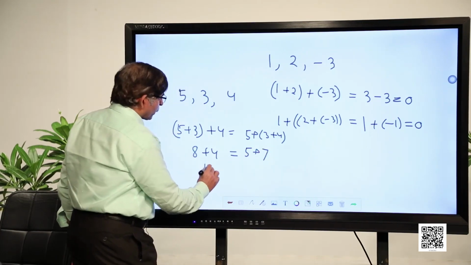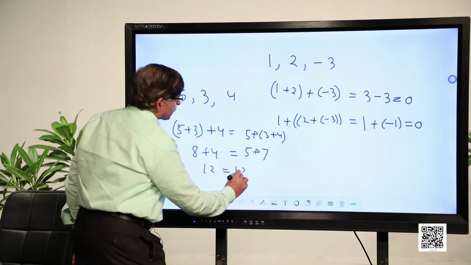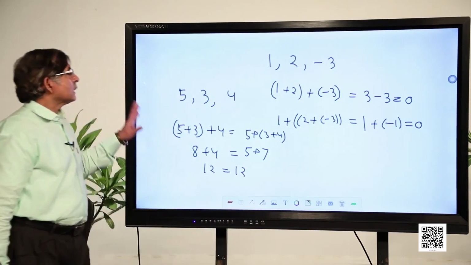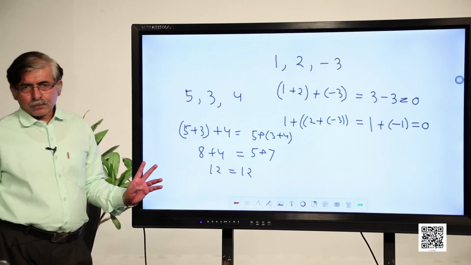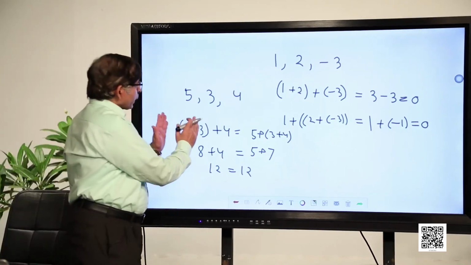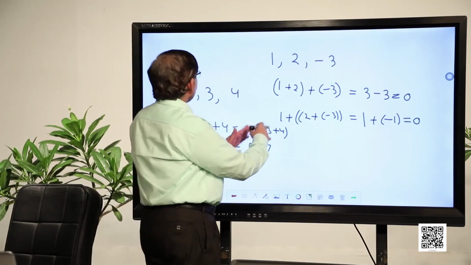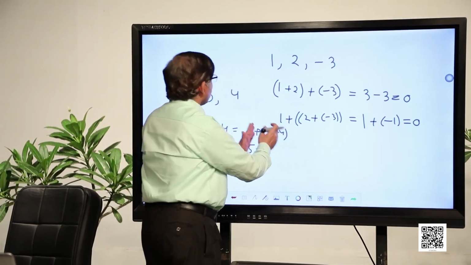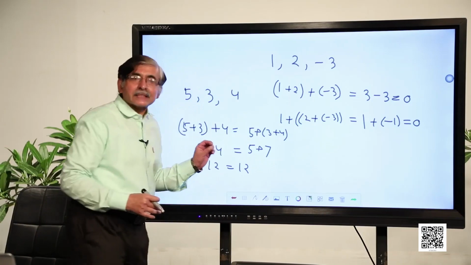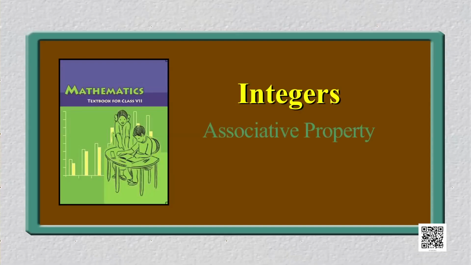So, here we get 12 and here also we get 12. So, we can take any three integers, add the first two and then the third, and again add the last two with the first, and we will get the same. This is called the associativity property, and we can verify this with the help of the number line.